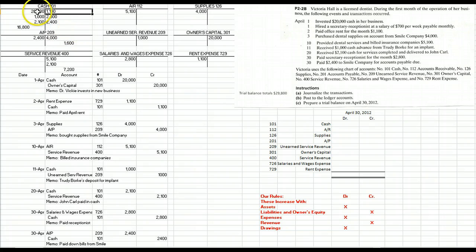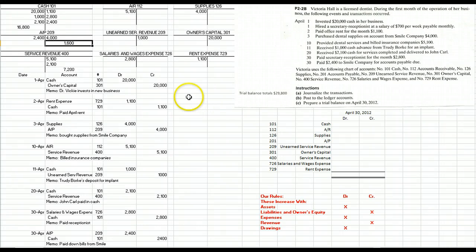So we add up all the cash in, subtract all the cash out, and we end up with a $16,800 cash balance. The only other thing that involves any arithmetic is we have a $4,000 credit in accounts payable and a $2,400 debit, so that means we have a $1,600 balance in accounts payable.